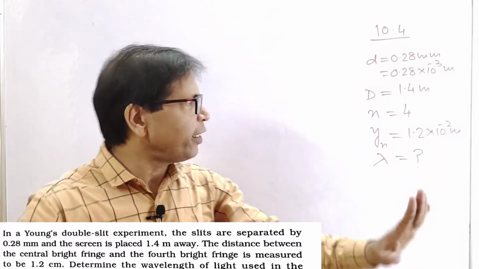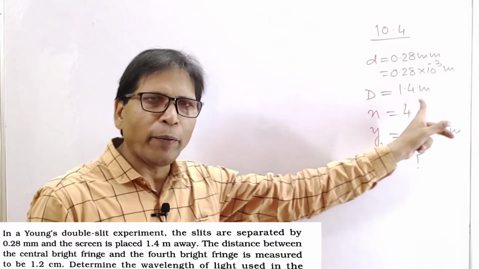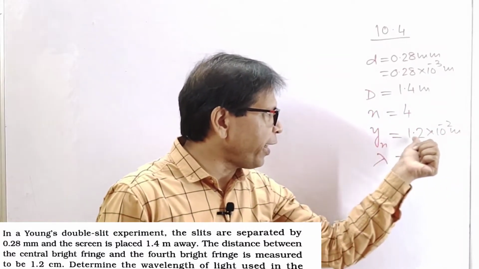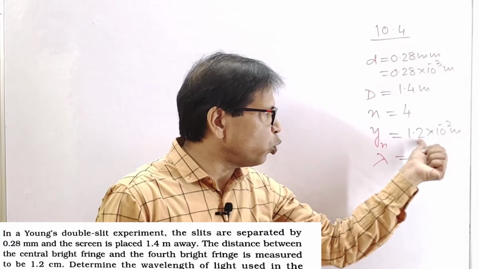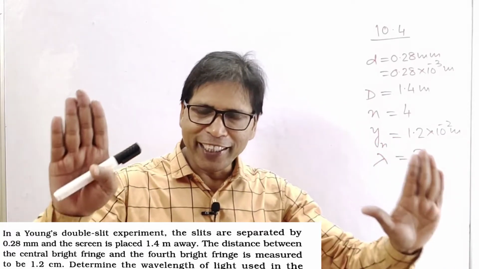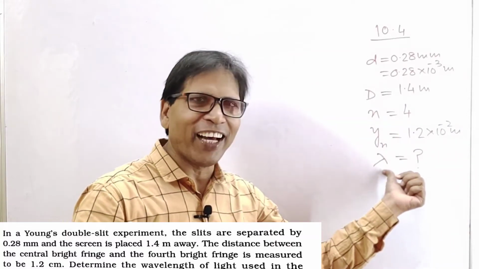Now NCERT 10.4. In YDSE, small d is given, and capital D equals 1.4 meter. The fourth bright fringe is obtained at a distance of 1.2 into 10 to the power minus 2 meter from the center of the screen. We have to calculate the lambda.